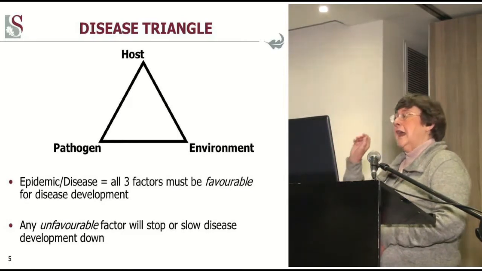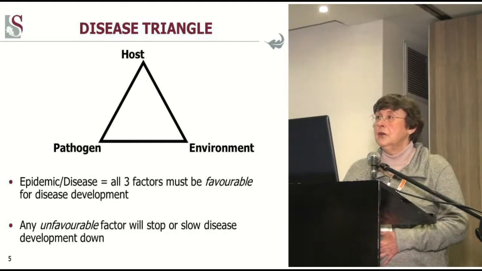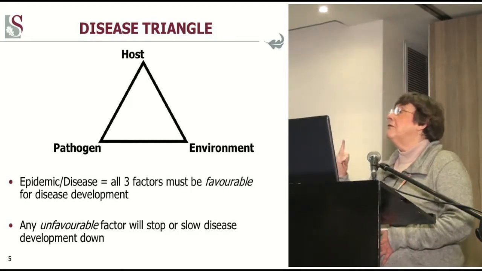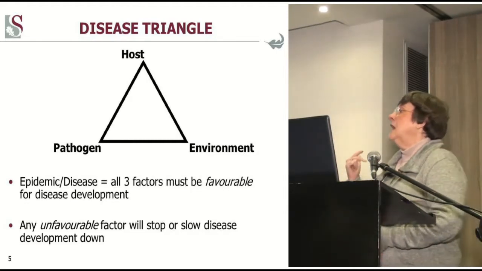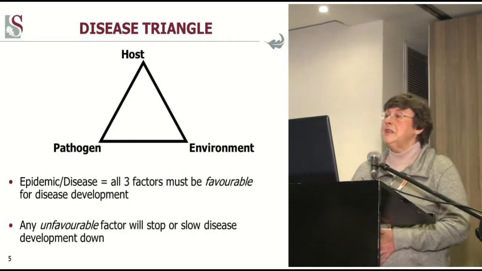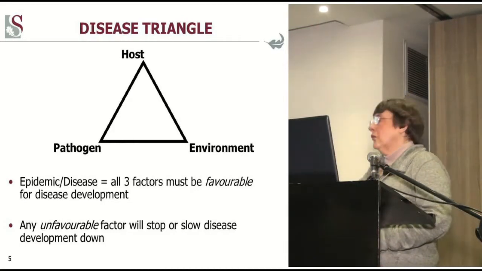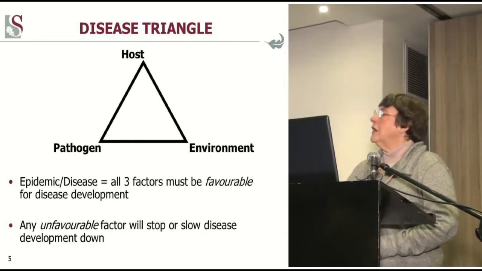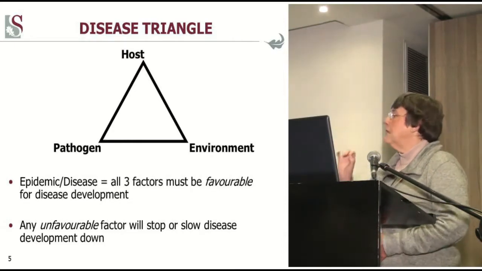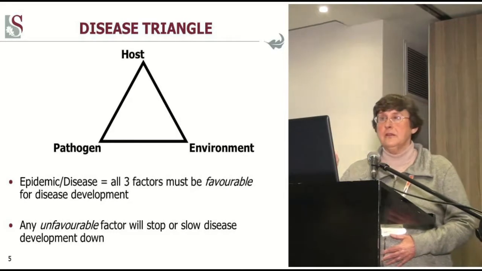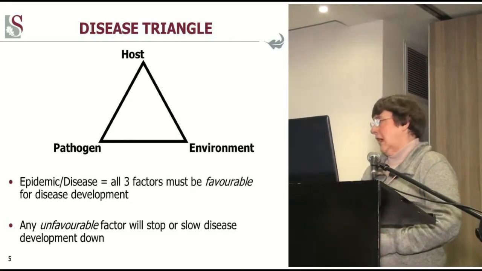We need a susceptible host, we need an aggressive or virulent pathogen, and we need an environment in which that host and that pathogen will interact and cause the disease. If any of these factors are missing or not appropriate, the disease will not happen.